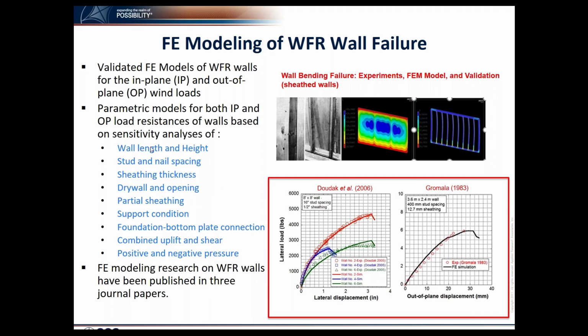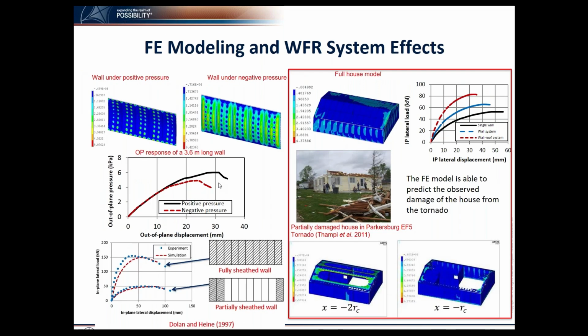And after we did all these sensitivities, we came up with a parametric model to give us the resistance of a wall. And we were able to publish several journal papers out of this wall failure research that we did in finite element.